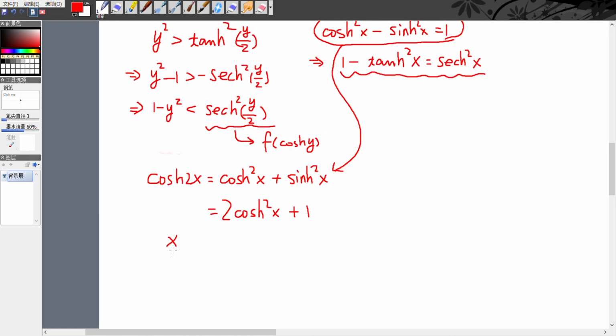If we change all our x to x over 2, we will have cosh squared x over 2 is equal to (cosh x plus 1) over 2.